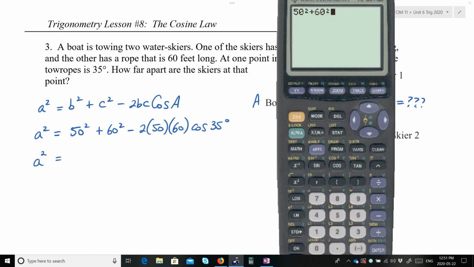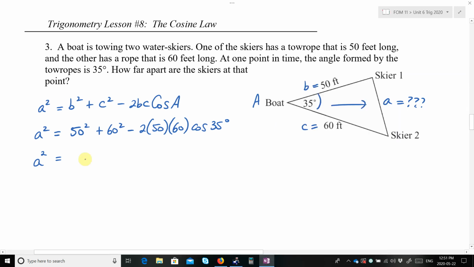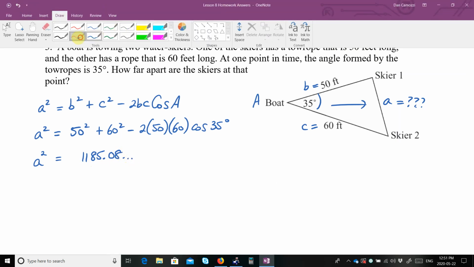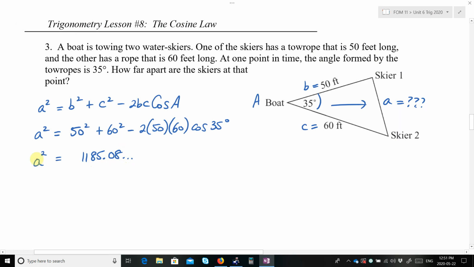Squared plus 60 squared minus 2 times 50 times 60 cos 35 is 1185.08. And to get rid of the squared, we have to square root both sides, plus or minus.